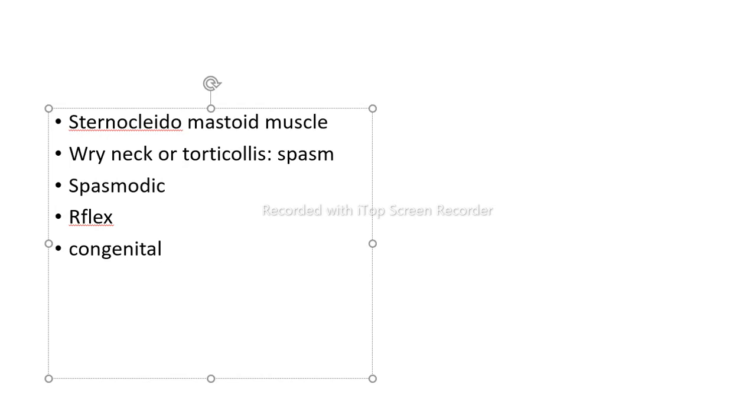This is due to cold and maladjustment of the pillow during sleep. Reflex torticollis occurs due to irritation of the spinal accessory nerve caused by an inflamed or suppurating lymph node, and congenital torticollis occurs due to birth injury.